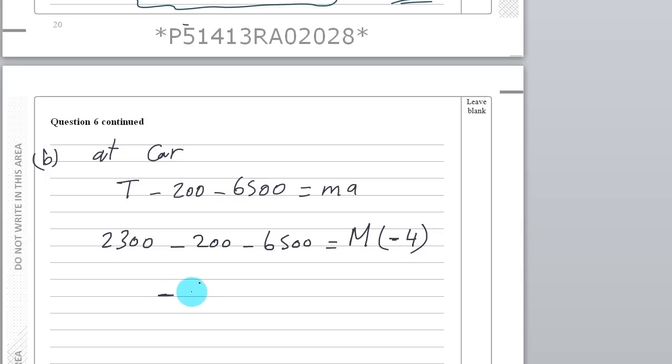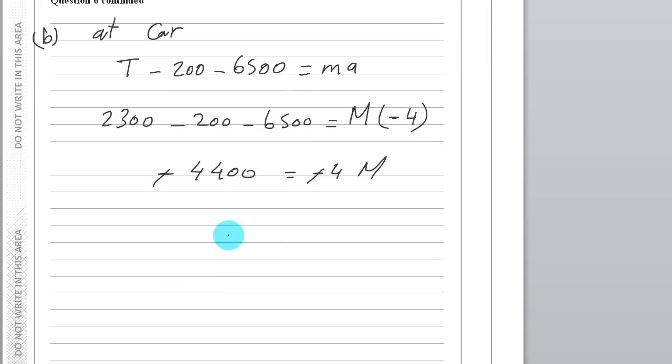So minus 4400 is equal to minus 4M. Now M, which is the mass of the car, would be 1100 kilograms.